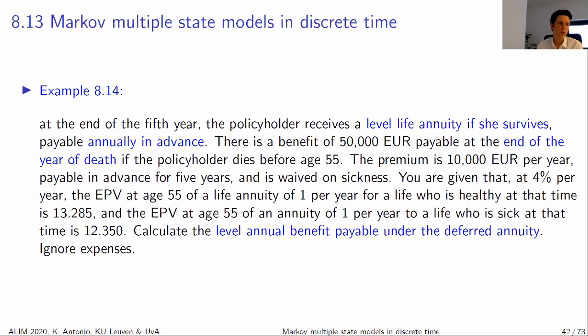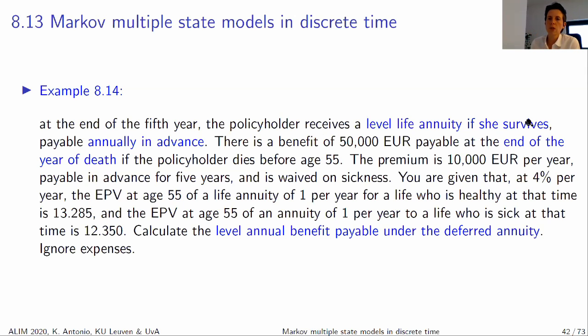A level life annuity means an annuity where the income that you receive every year is constant. And this annuity is payable annually in advance, so you get a certain benefit every year paid at the beginning of the year.